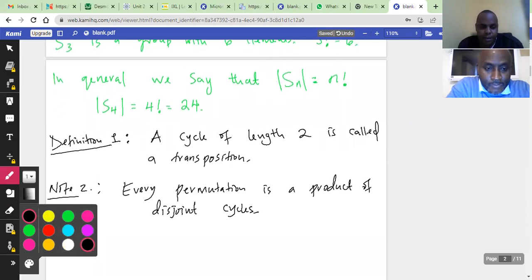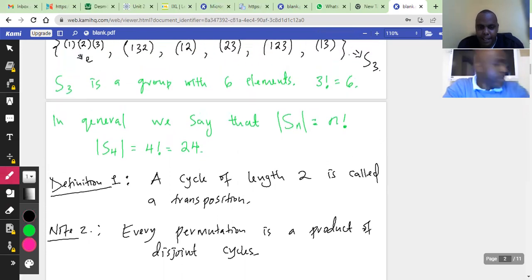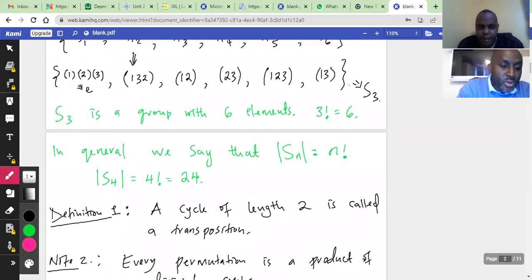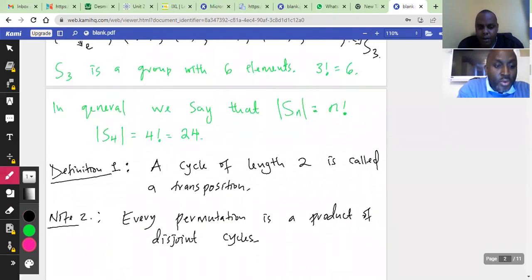So let's confirm that. Is this true? Yeah, please write the note properly. Note 2. The O doesn't show properly.